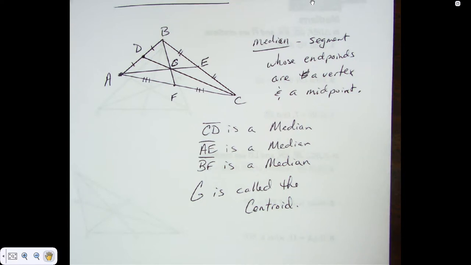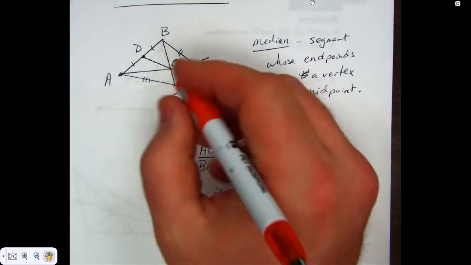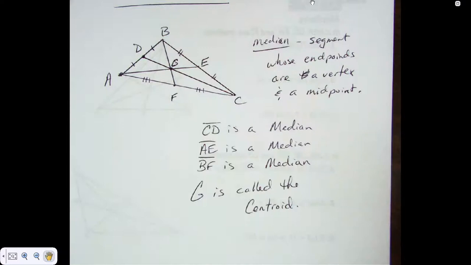Now, why is it called the centroid? Well, because the centroid is just where the 3 medians meet.